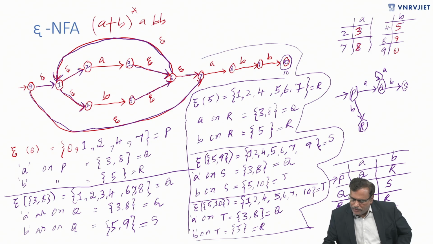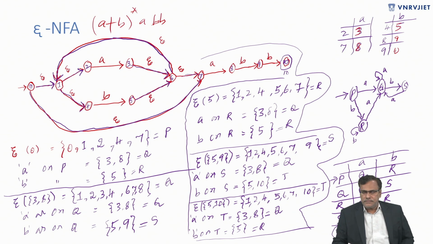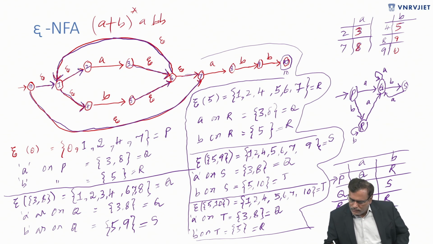So P, Q, R are over. Next, look at R. R on A is Q. R on B is R itself. T on A, you can go to Q. S on B, you can go to T. I have not yet introduced that.